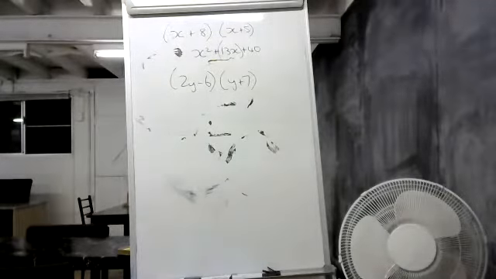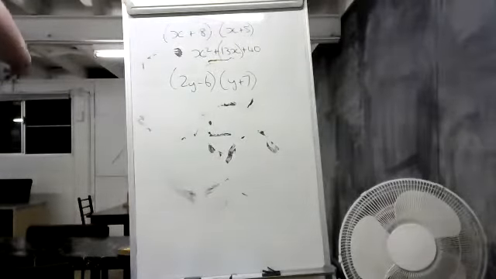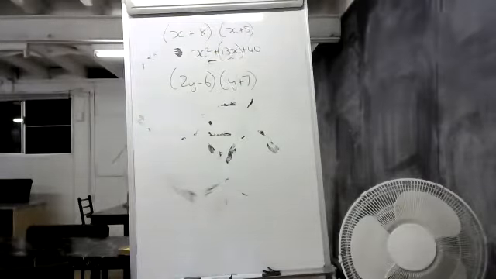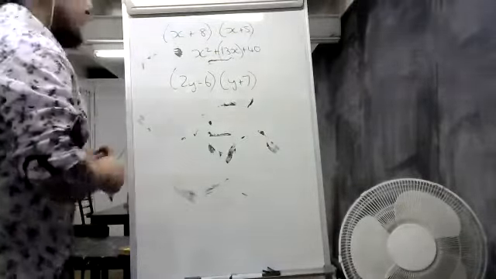Once you've got it, feel free to blurt it out. Two y squared plus 8y minus 42. Perfect.